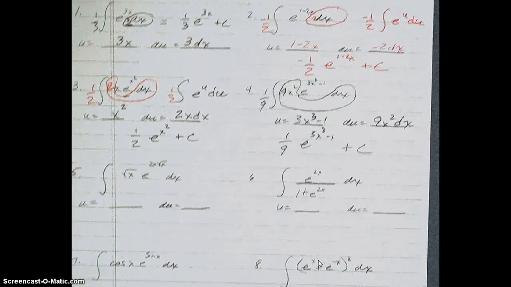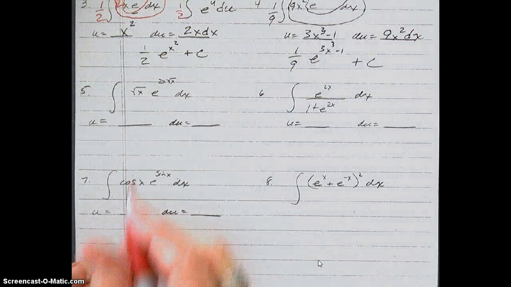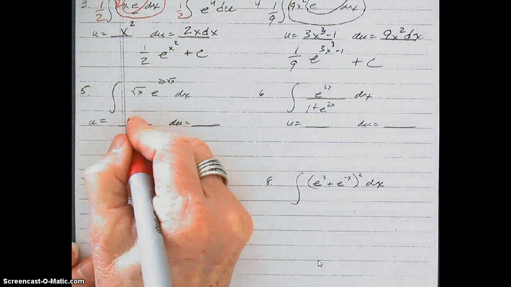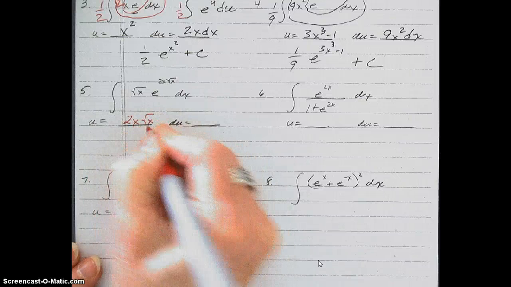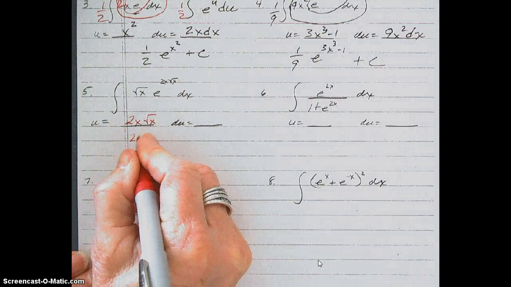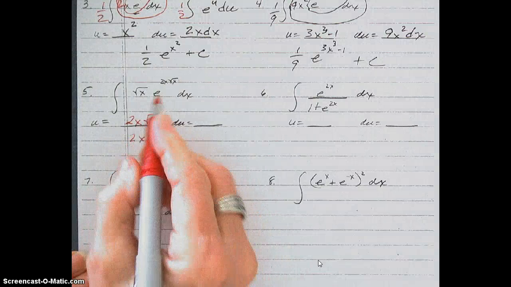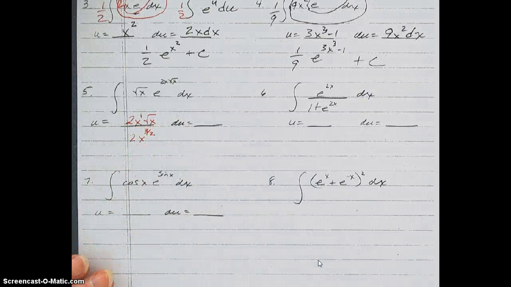Problem 5, very similar. We have u is 2x square root of x. That's the power. And again, I don't know if you recognize this, but this is x to what power? This is 1 and this is 1/2. So this would be x to the 3/2 power.